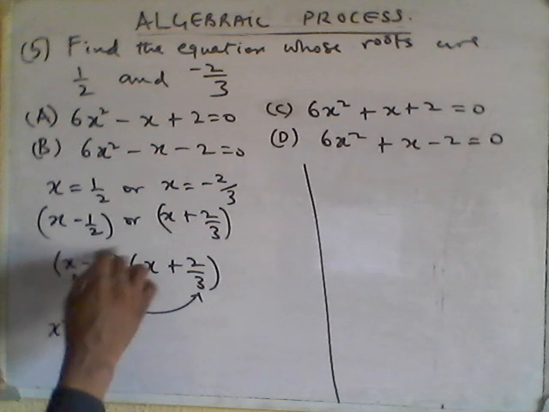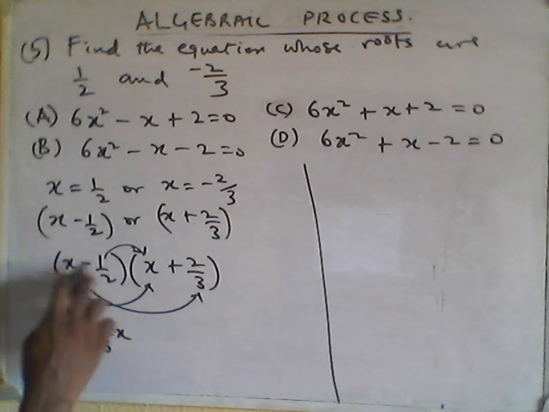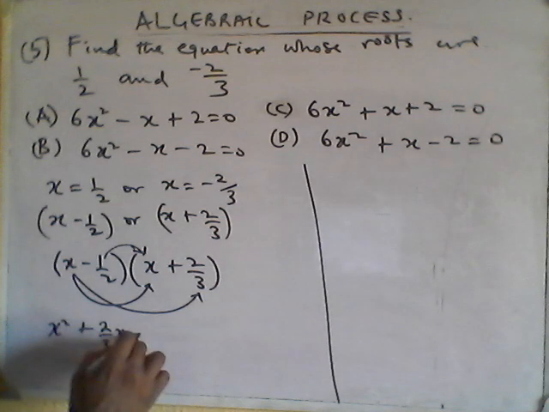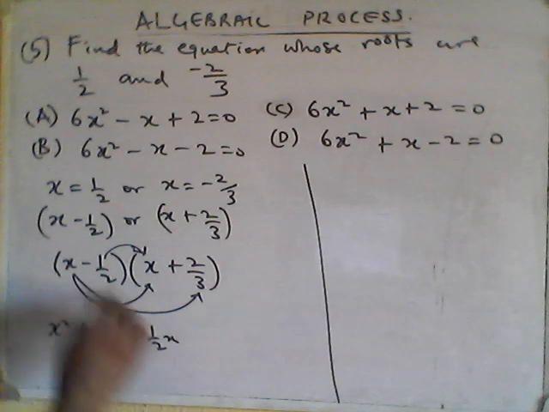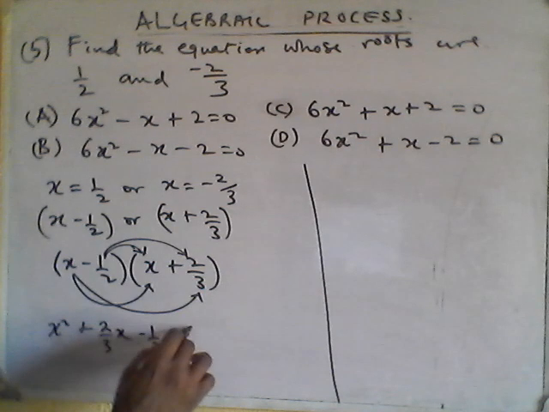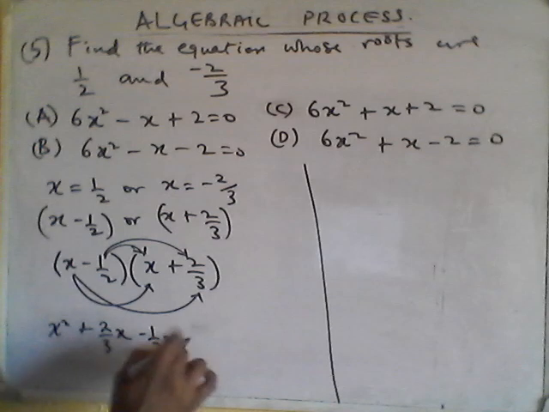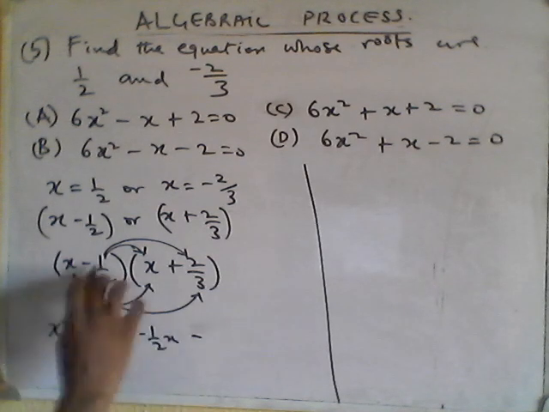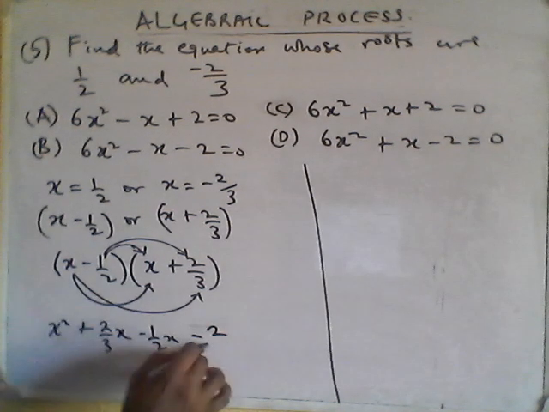Then again, this one will multiply this. I have minus 1 over 2 times x is minus 1 over 2x. And minus 1 over 2 times 2 over 3 will give me minus 2 over 6.